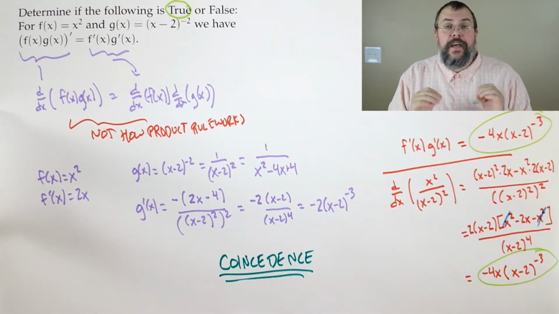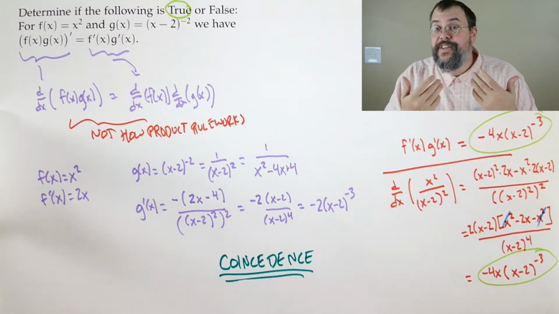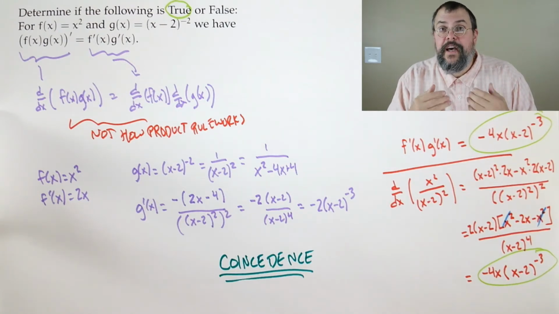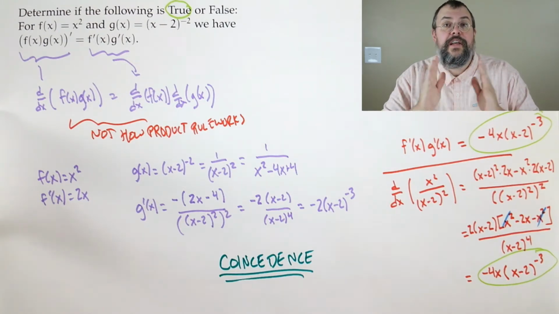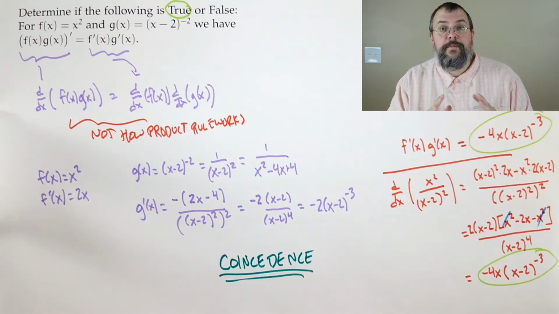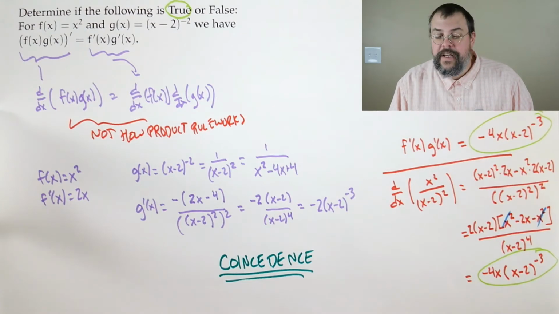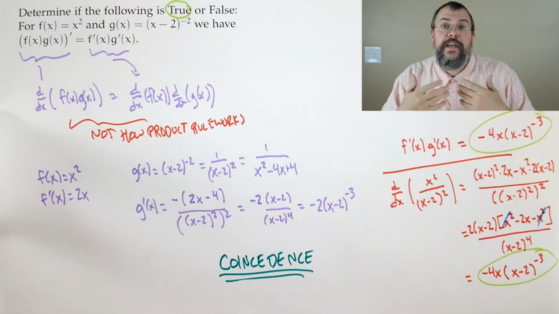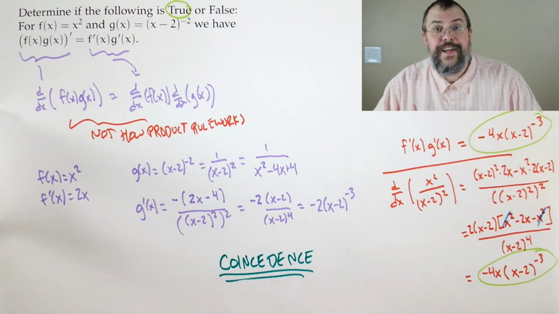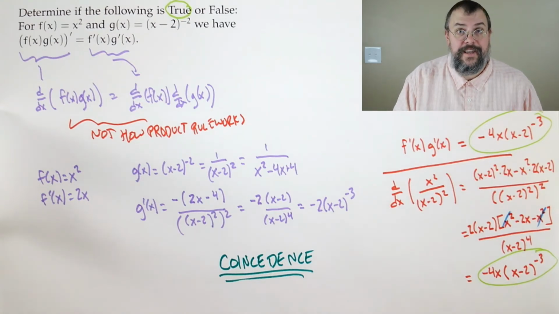What you have to do is be careful. Just because you see a coincidence does not mean that because one case is true, it's true in general. That's why mathematicians go out of their way, and I think this is a good axiom to live by: just because you see it's true in one case does not mean it's going to be true in every case.